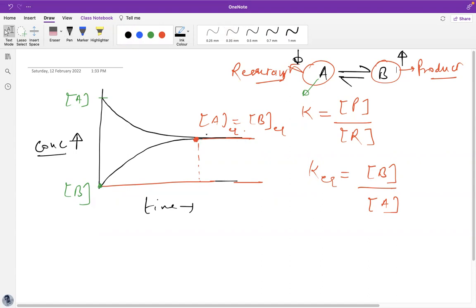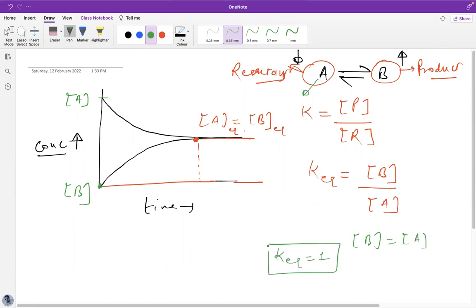Means the rate of decrease of A and rate of increase of B become the same. So that is known as your equilibrium condition. Any doubt about this? If the concentration of B and concentration of A become equal, it means K equilibrium will be 1. So this is the condition where K is equal to 1. Any doubt? Please tell me. And take a screenshot of this.